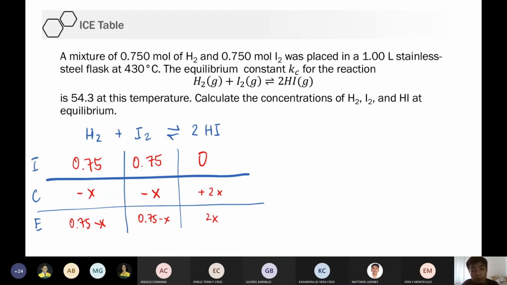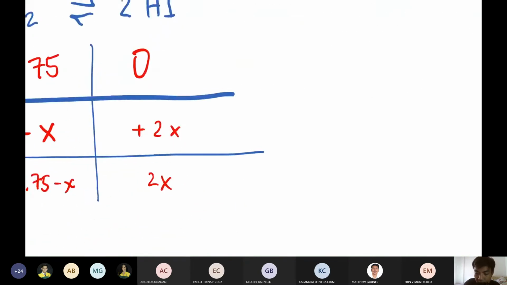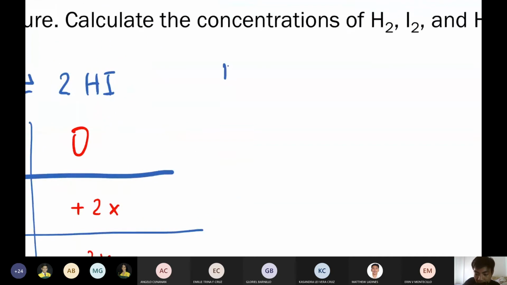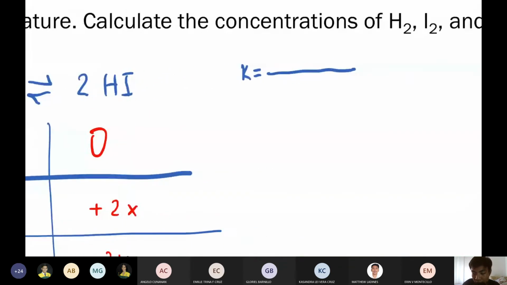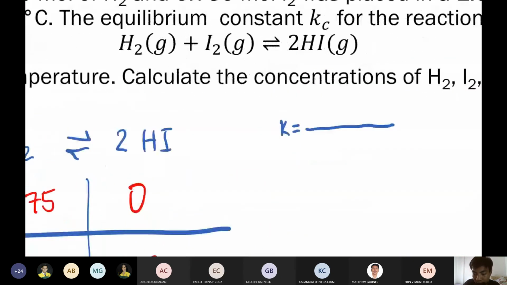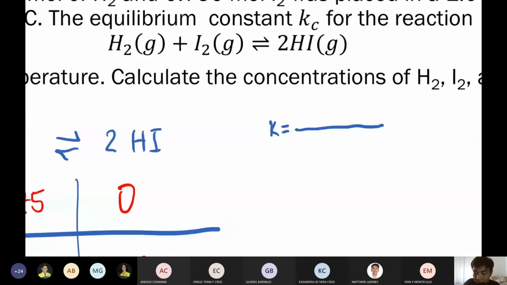Now, ipa-plug in natin yan sa K. Okay? So, let's write the equilibrium constant here. Sana kasya pa yung space. So, what's the equilibrium constant for our equation? Okay, so the equilibrium constant for this given equation here can be written as the concentration of HI squared divided by the concentration of H2 times the concentration of I2.